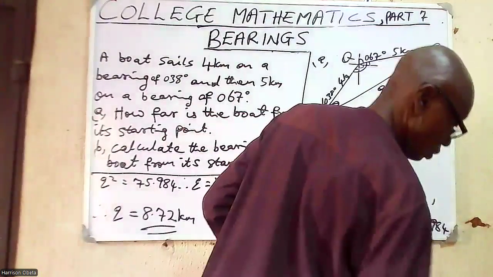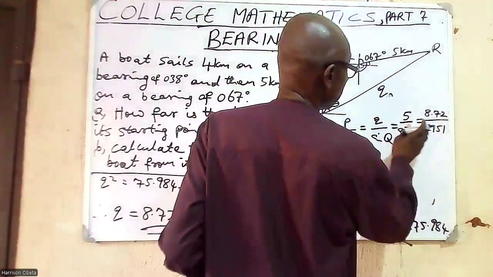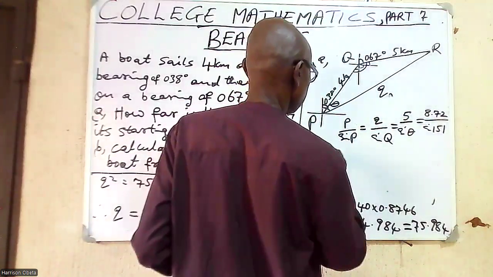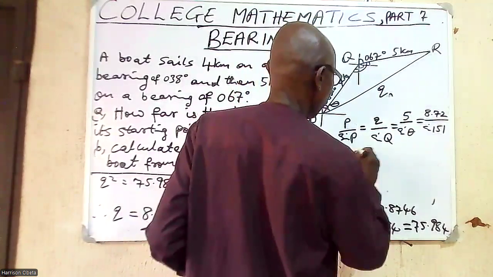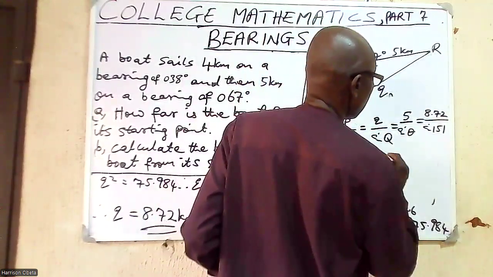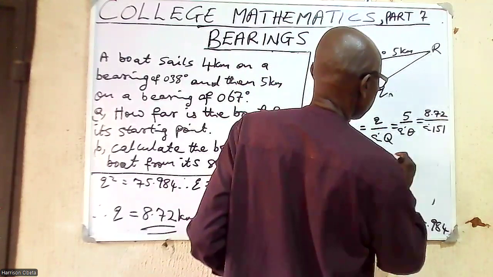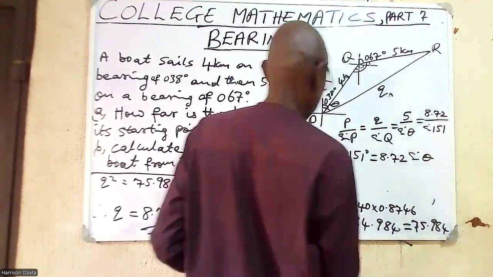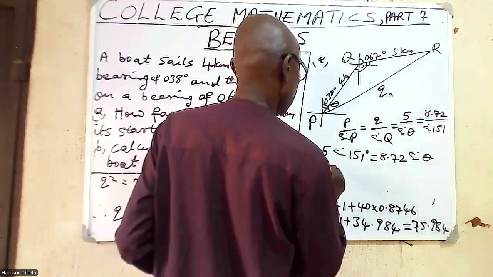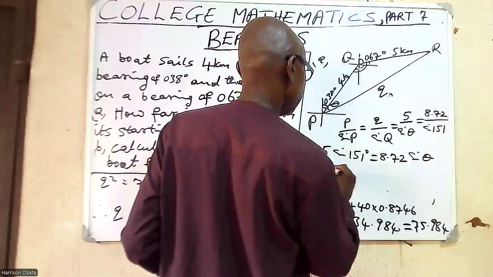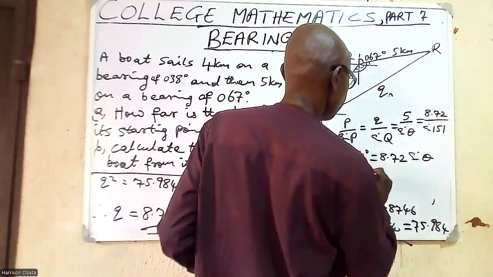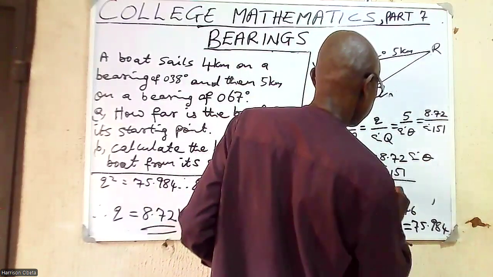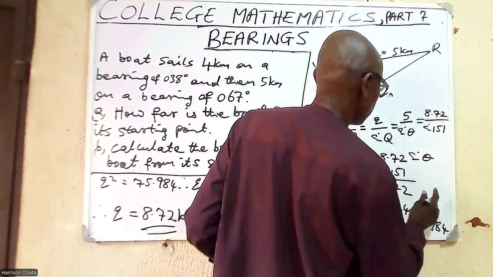So sine theta should be equal to 5 sine 151 all over 8.72.